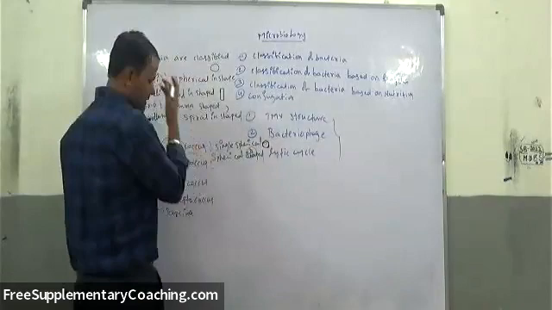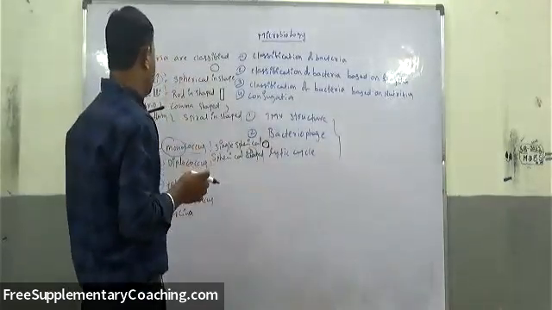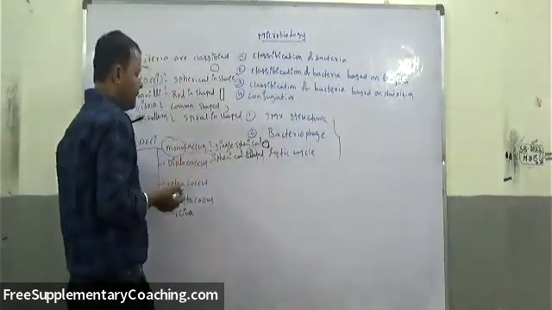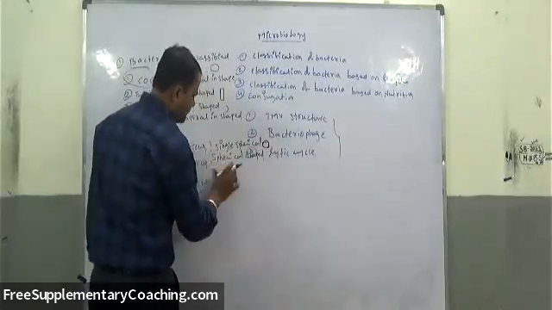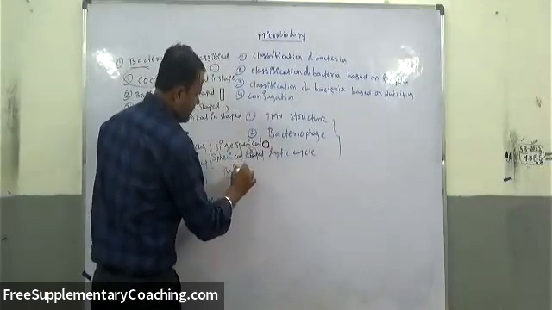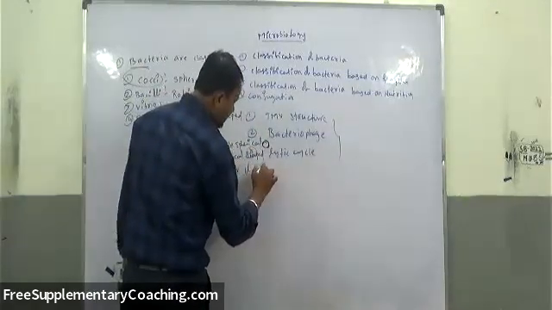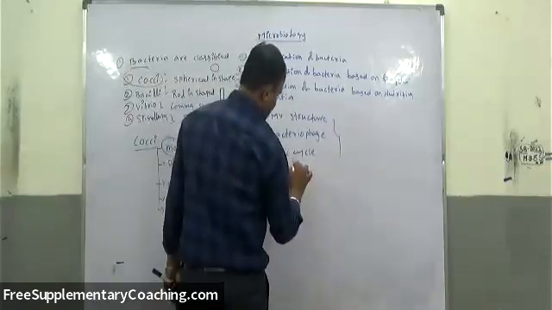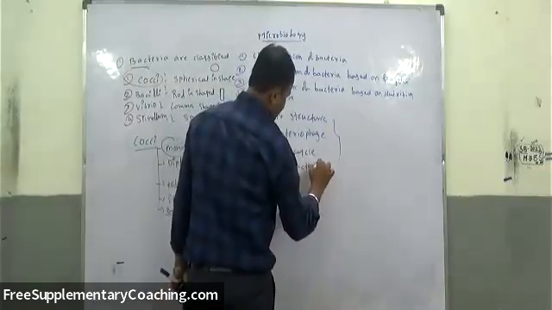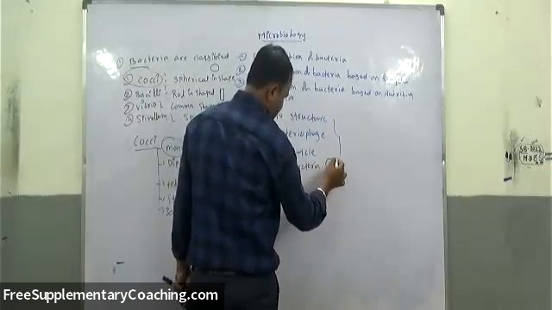Then diplococcus: a pair of spherical bacteria. These are one and these are the second one.